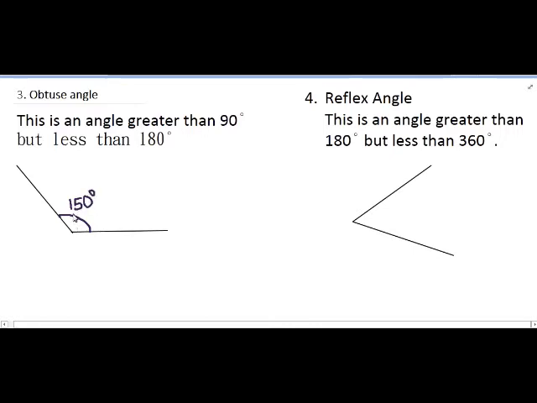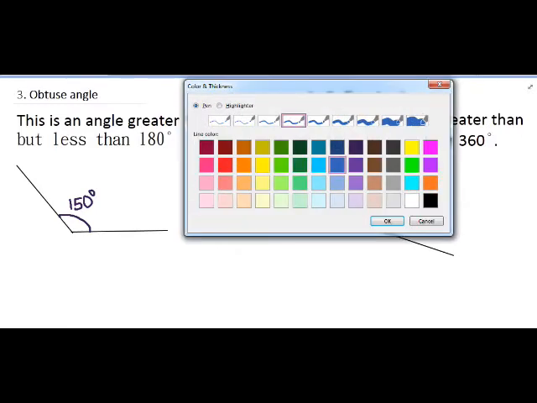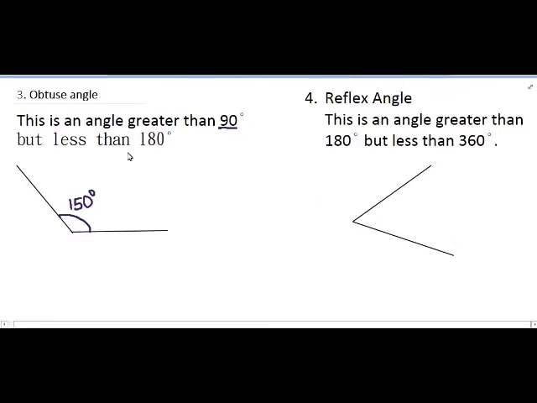So it is actually more than 90, but definitely it is no more than 180 degrees. Sorry, I got to get my highlighter. It is no more than 180 degrees. So that's it.